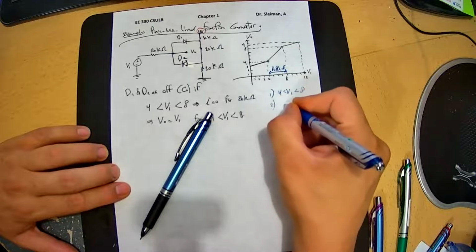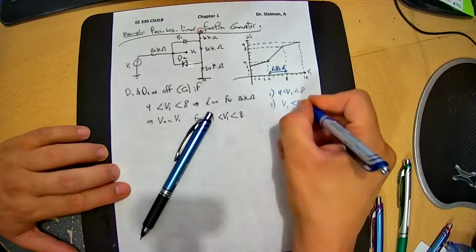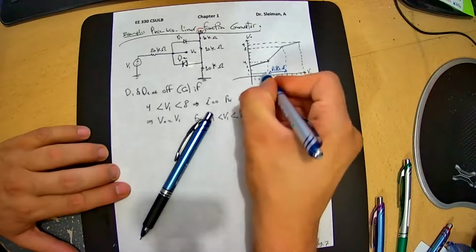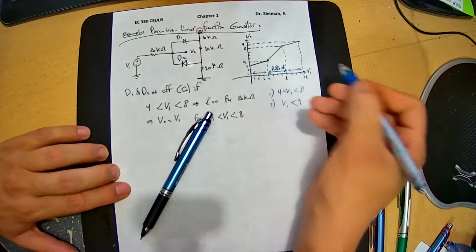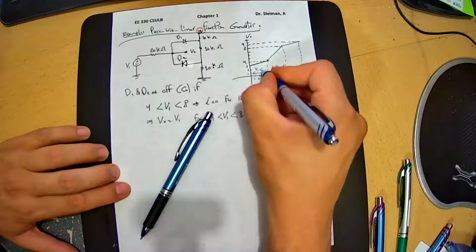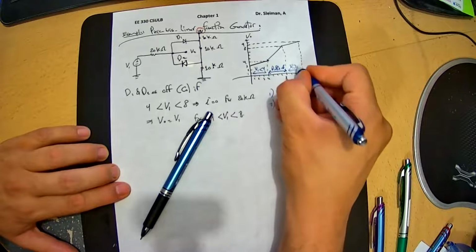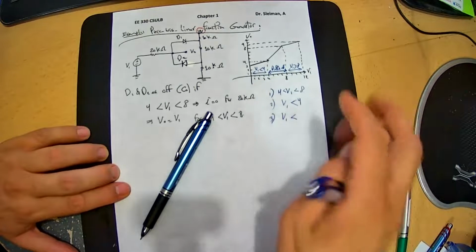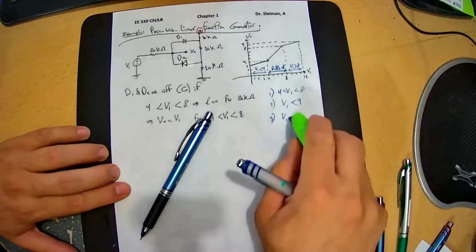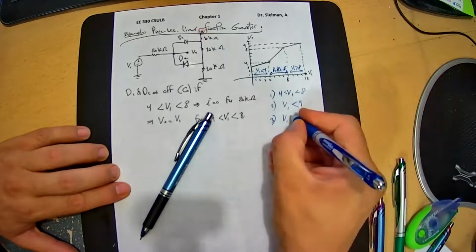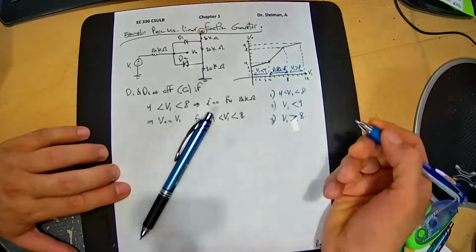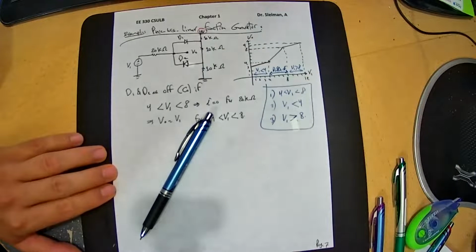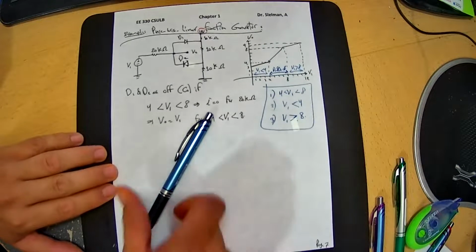Case number 2, when V1 is less than 4, and case number 3, when V1 is greater than 8. So let's explain these 3 items.